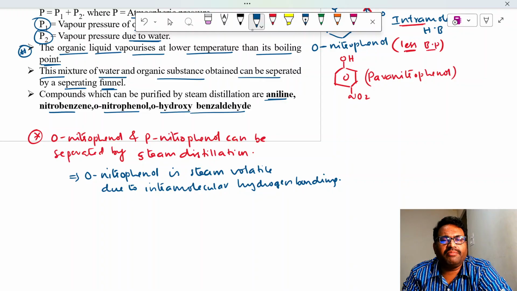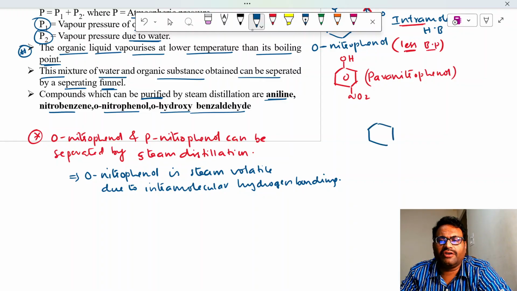Another compound that can be purified and separated here is orthohydroxybenzaldehyde. This is benzaldehyde, and this is orthohydroxy. So why are we writing these structures?